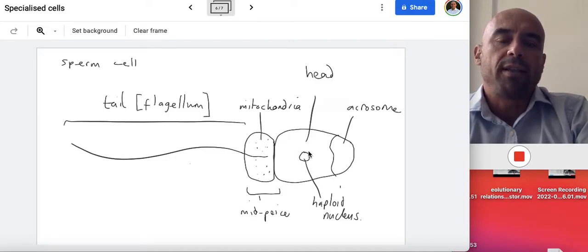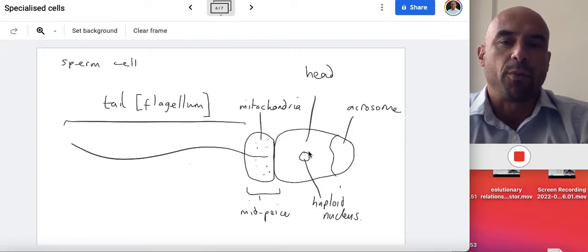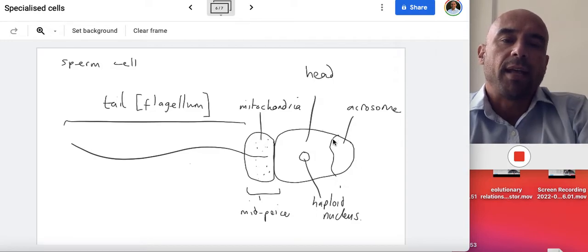Now, fertilization happens when two haploid nuclei fuse. We've got one haploid nucleus inside the egg cell, we've got one haploid nucleus inside the sperm cell, and when they fuse together, they make a diploid nucleus, which is when fertilization occurs. In order for the sperm cell to penetrate the cell membrane of the egg cell, it has acrosomes.